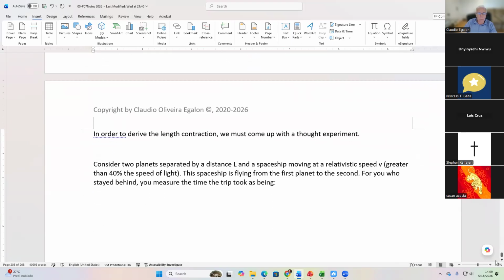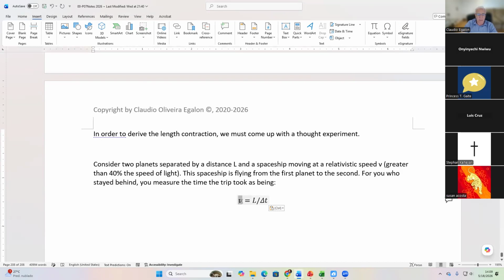And by the way, I am assuming that the other planet is at rest with respect to the first planet, or let's say the relative speed of those two planets is negligible relativistically speaking. And this guy can time how long the spaceship is going to take to get to the other planet, right? How do you do that?